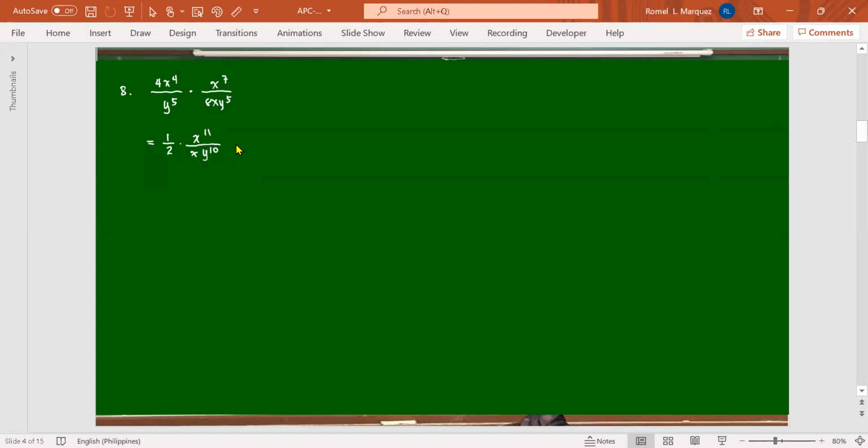Okay? So we now have x to the 11 over x. That is equal to what? X to the 10, because x to the first means the exponent is 1. We subtract exponents, 11 minus 1, 10. All over 2y to the 10. That is the simplified form.